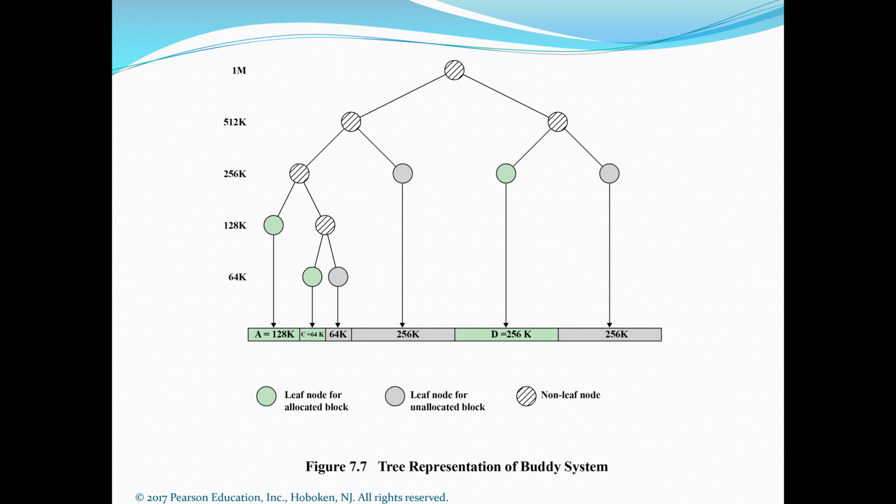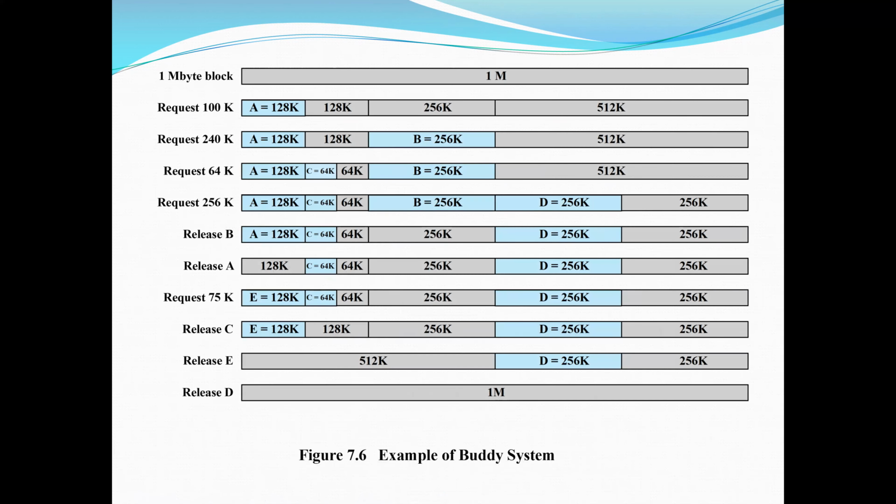The first request, A, is for 100 kilobytes, for which a 128 kilobyte block is needed. So we request 100K, but 128K is needed.